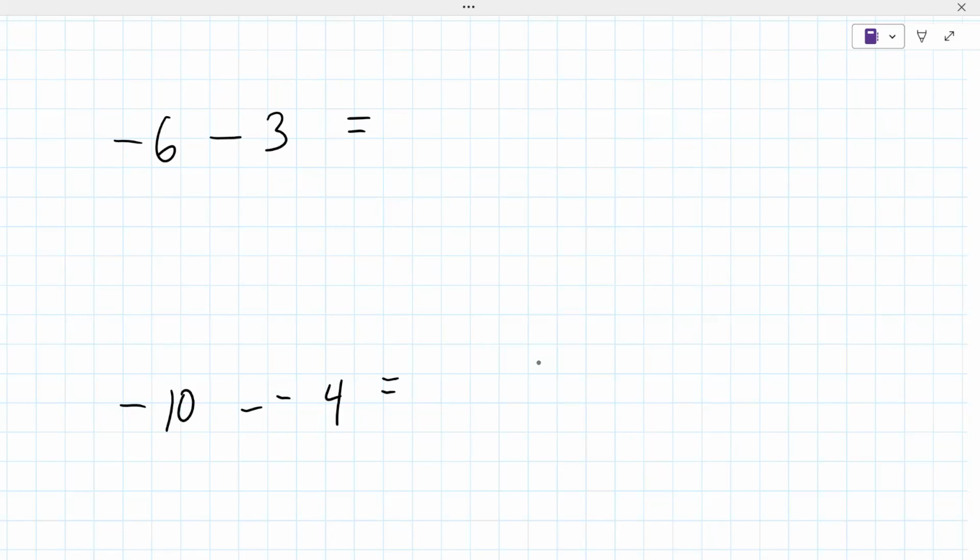So for the top one, since 6 is farther from 0, are these opposite sign or same sign? Opposite. So I know 6 is, well, this is really -6 plus -3. Now yeah, these are same sign, negative and negative.